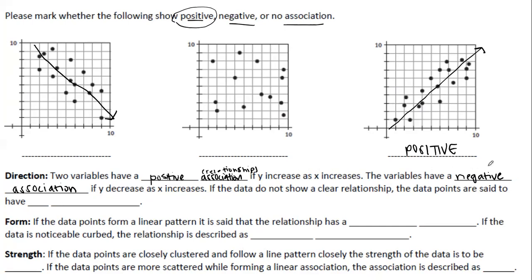So the variables have a negative association if y decreases as x increases. This makes sense. As I go up on the x-axis, my y values are getting smaller. So that is a negative association.